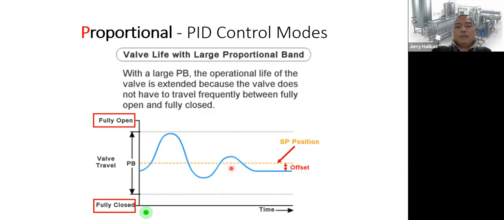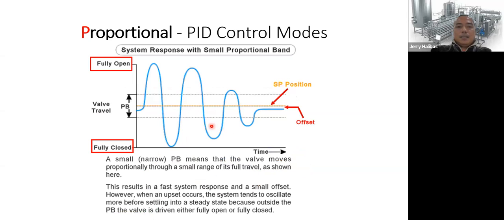Whereas if you have a small proportional band, it is narrow, so the response is always fast. This means that the valve moves proportionally through a small range of its full travel. This results in a fast system response and a small offset. However, when there is an upset, a drastic error in your system, the system tends to oscillate before settling into a steady state.